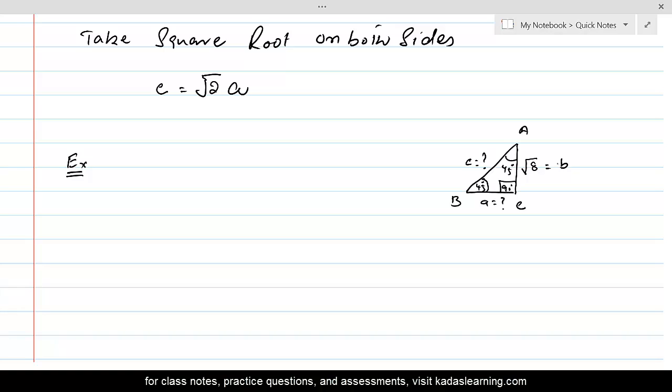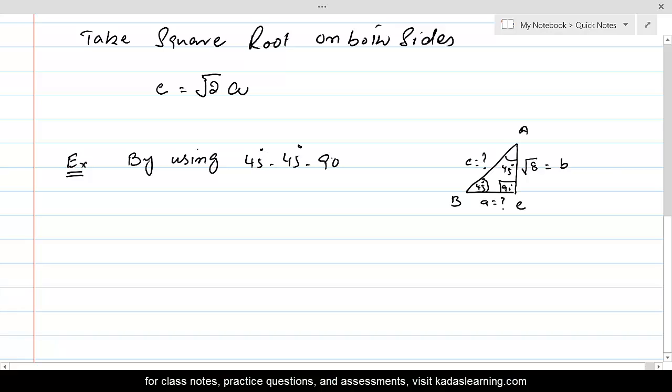We'll take advantage of two angles being equal, and for that reason this special ratio of the lengths of sides of triangles. Now by using the 45-degree, 45-degree and 90-degree rule, these both sides will be equal.